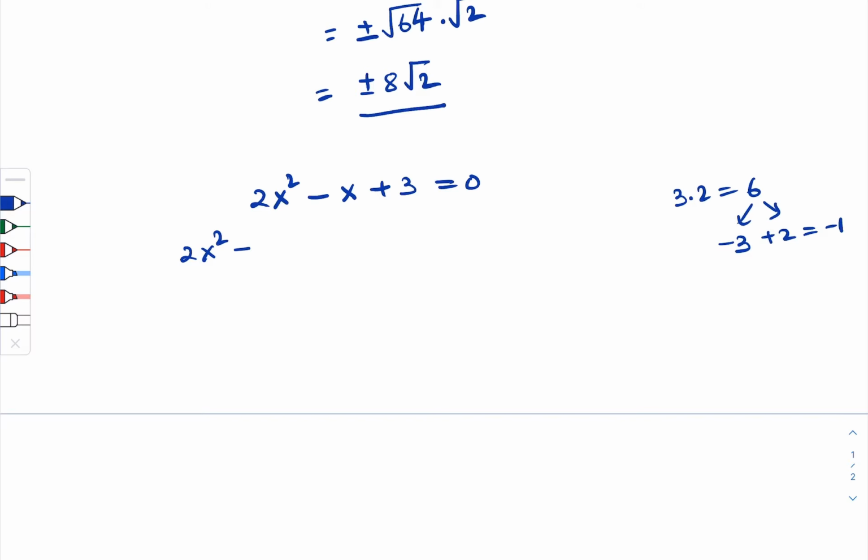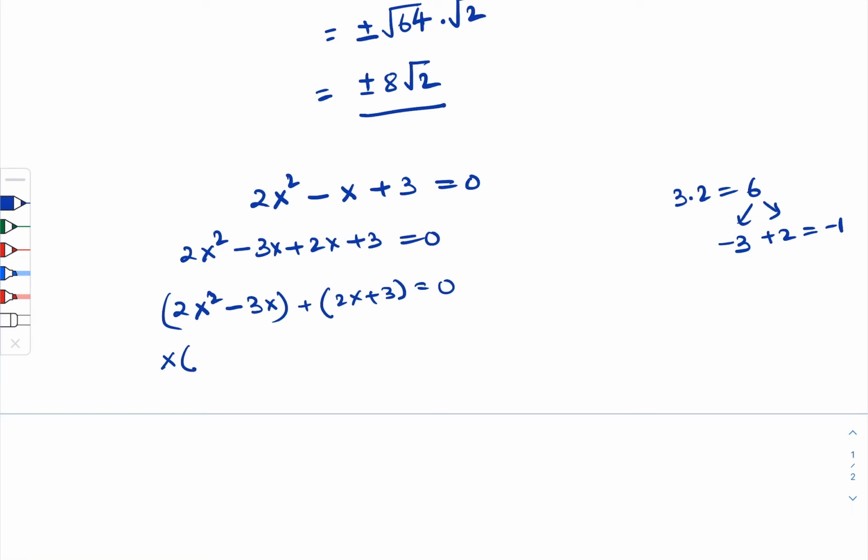2x squared minus 3x plus 2x plus 3 is equal to 0. And let's group them now. And now let's go ahead and pull however many factors we can pull out.